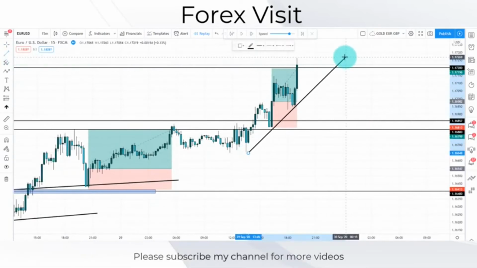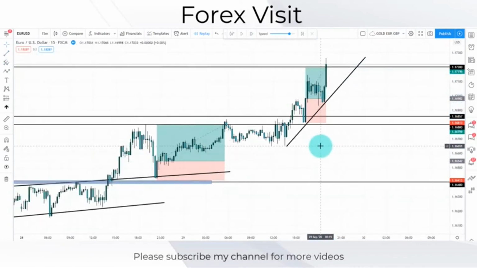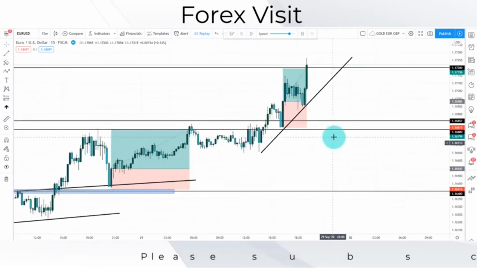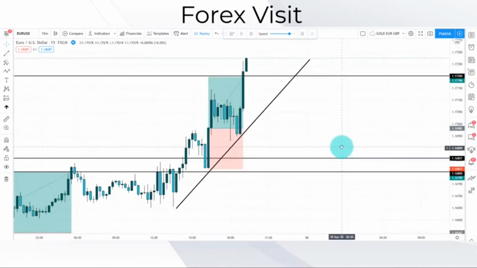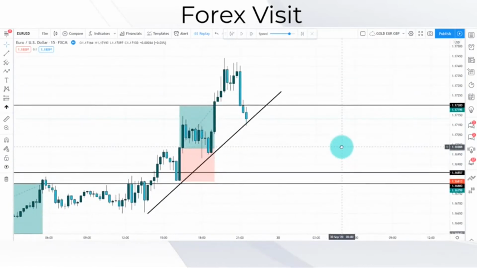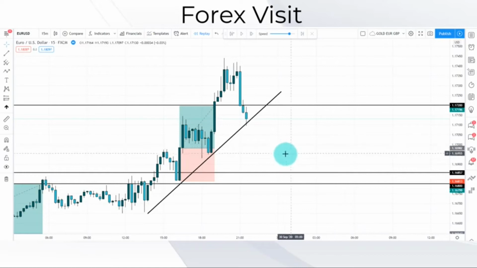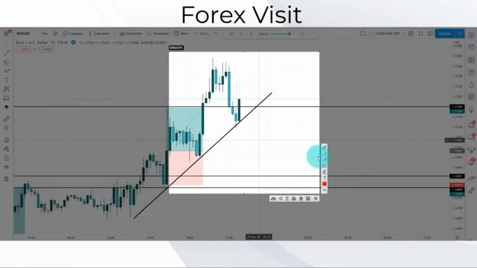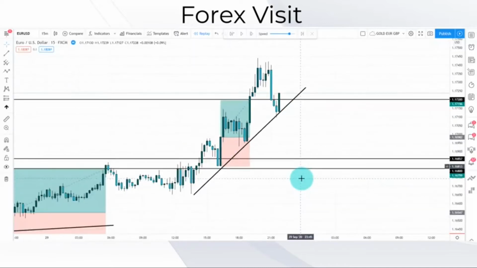Now time to draw a supportive trend line. Here you will see that candle got rejection through trend line and candle break resistance zone as well.